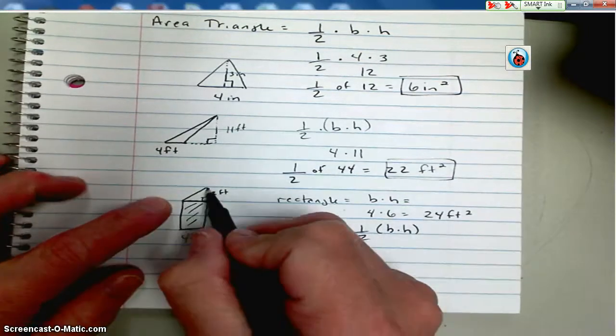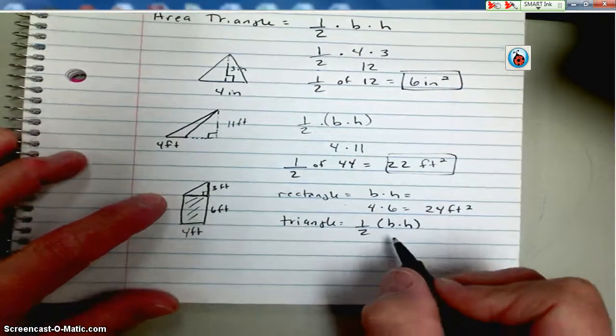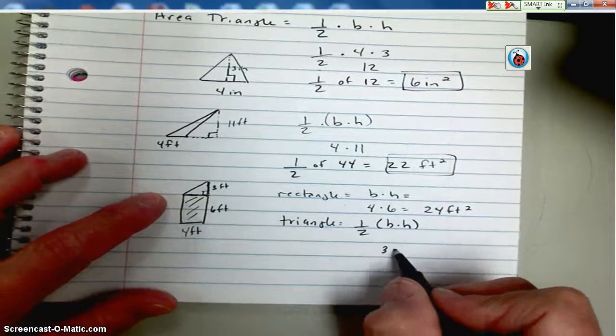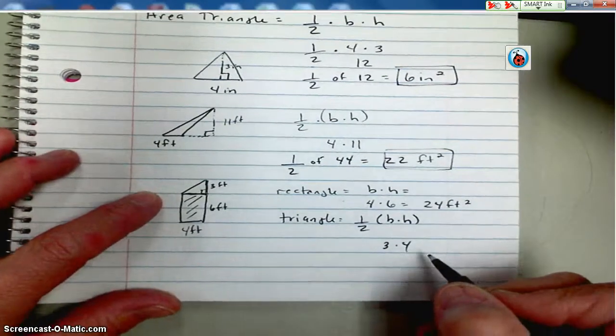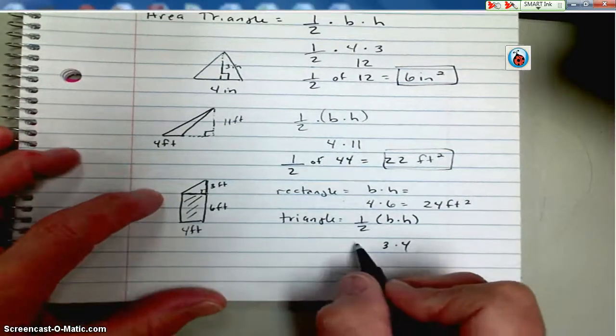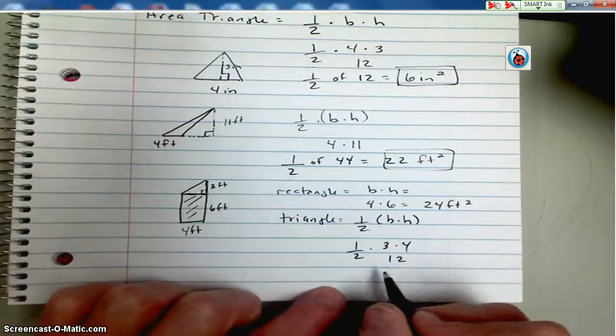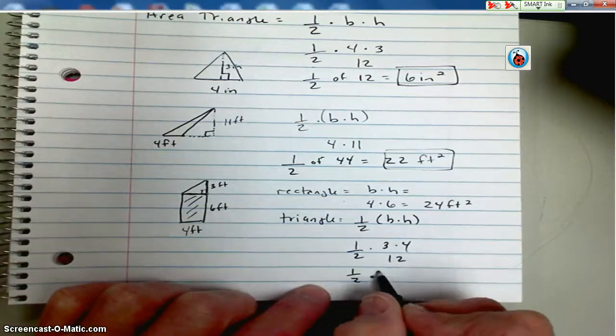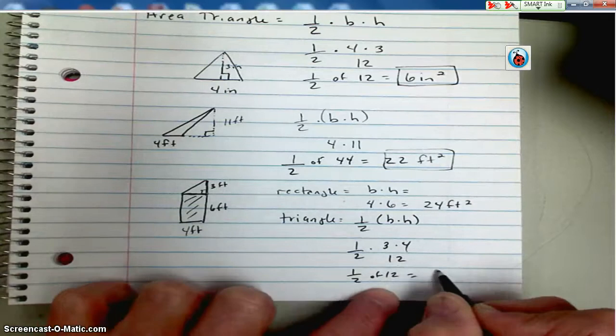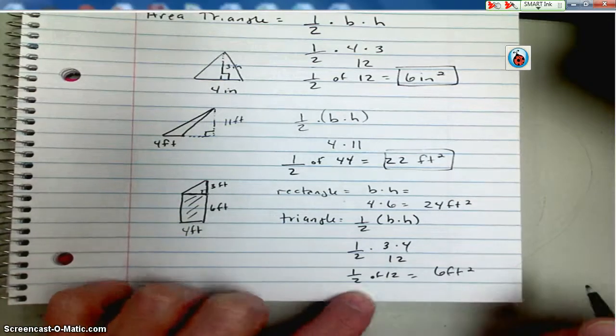In this case, our base and our height are 3 by 4, and we want to find half of that. So 3 times 4, of course, is 12, and then 1/2 of 12 is equal to 6 feet squared.